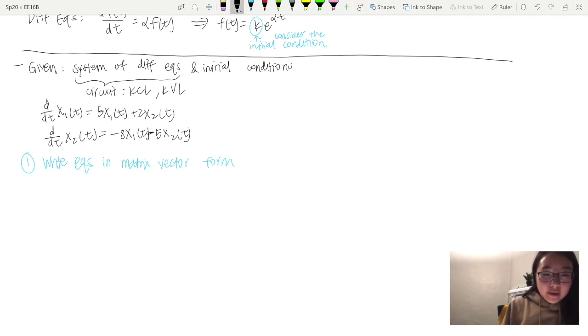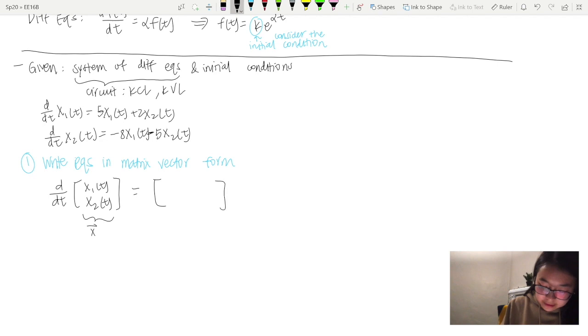In this case, on one side you would have d dt of the x vector, x1 of t, x2 of t, then the matrix of the corresponding values, and then the x vector again.